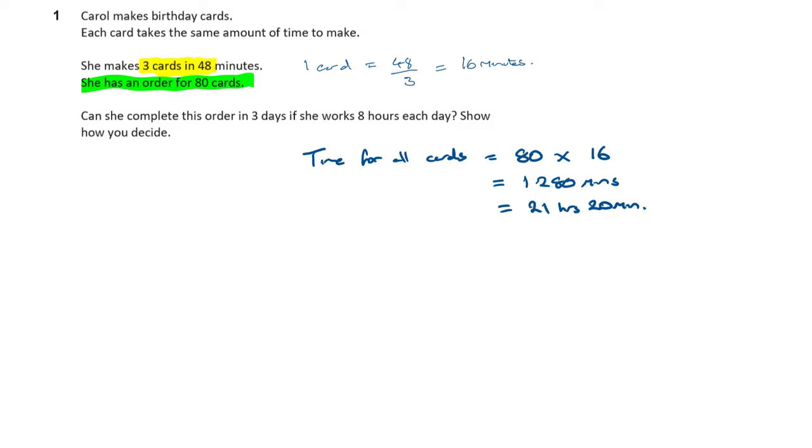And then, what do we need to do now? So she can complete this order in 3 days if she works 8 hours a day, or can she complete it? So we've got 3 days, 8 hours a day. So time available, that is going to be 3 lots of 8 hours then, isn't it? 8, 16, 24.